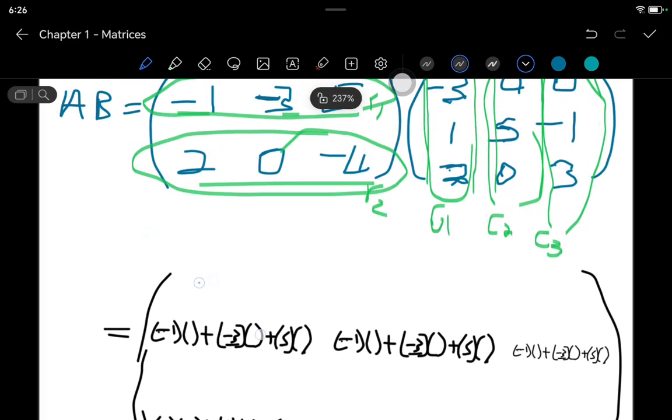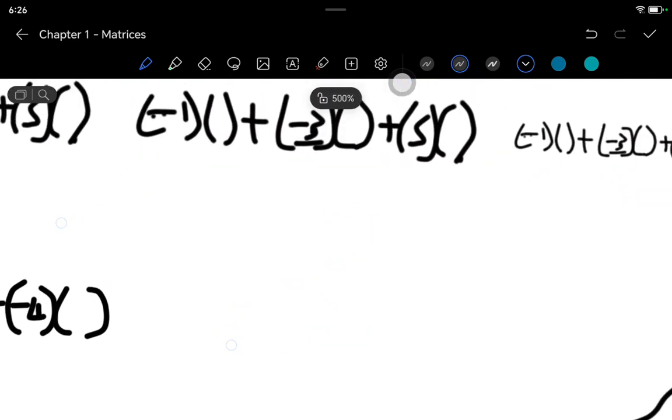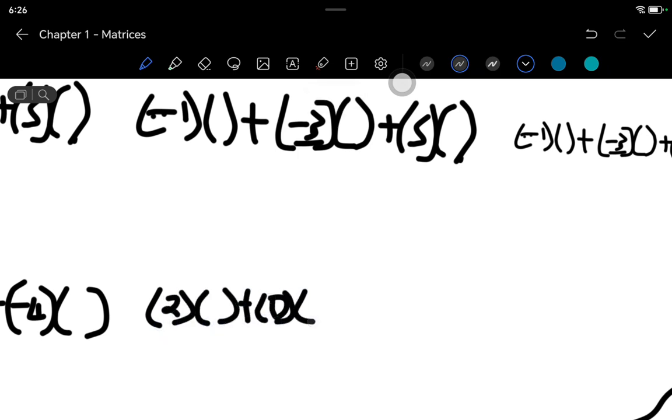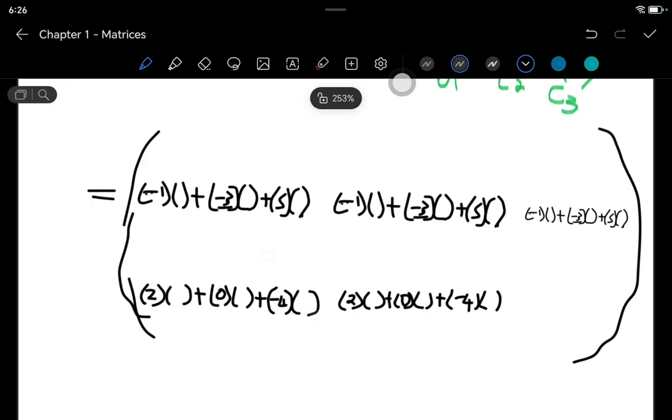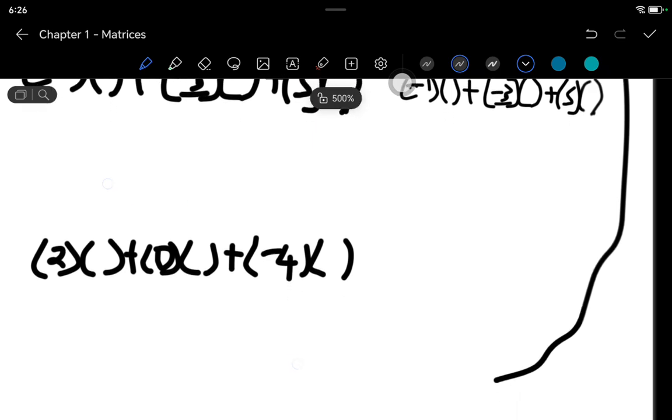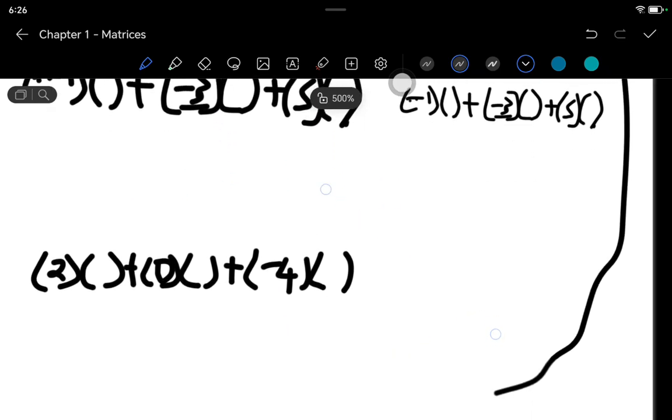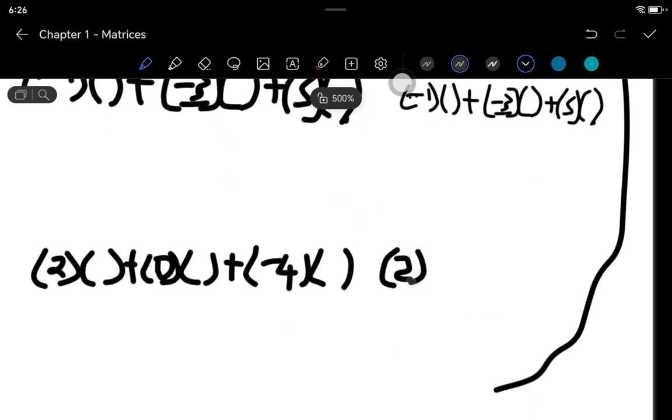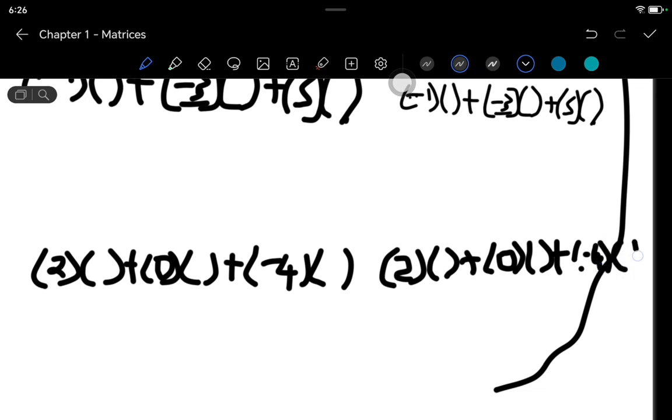I'm going to do the same thing on the second column: 2 multiplied by something plus 0 multiplied by something plus minus 4 multiplied by something. Then I come to the third column and do the same thing: 2 multiplied by something plus 0 multiplied by something plus minus 4 multiplied by something.